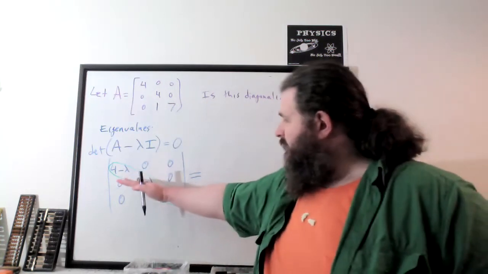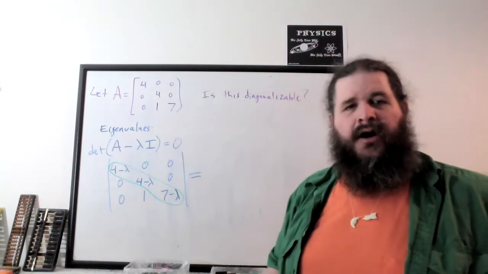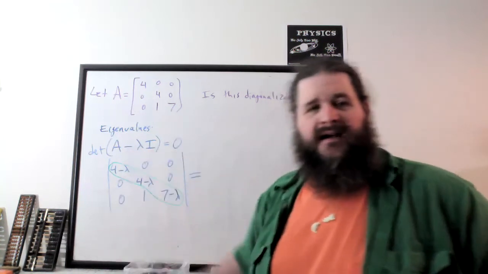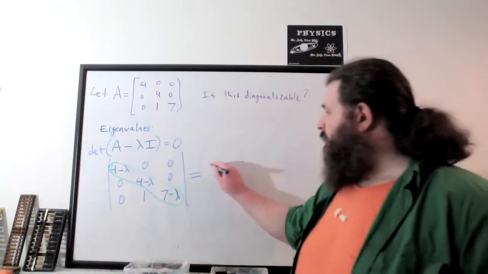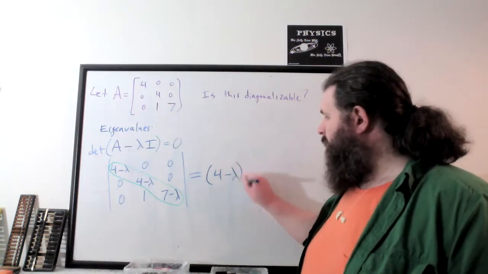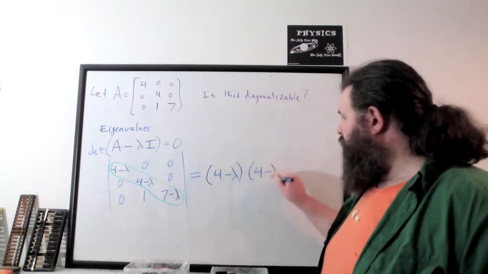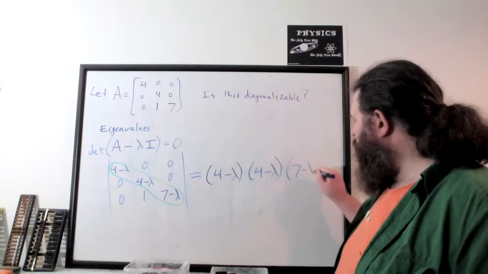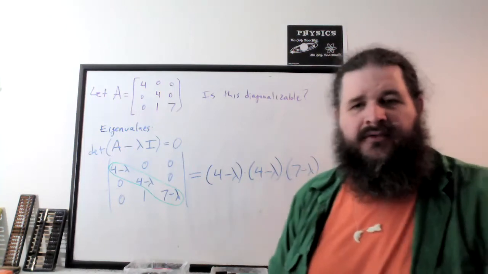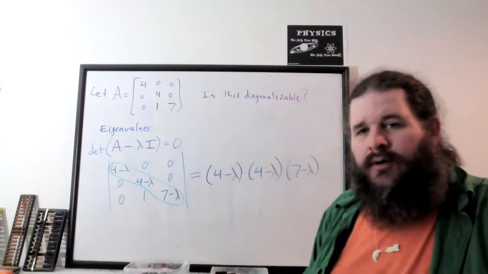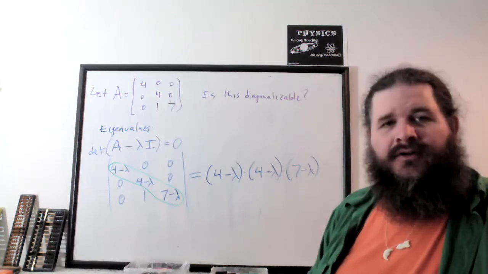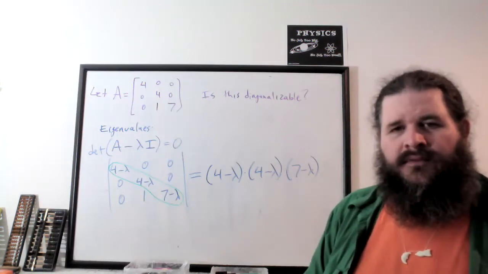If everything above the diagonal is 0, or everything below the diagonal is 0, then you can just multiply the numbers on the diagonal. So this is a very handy shortcut for finding the determinant of a matrix. Again, it only works if you've got upper triangular or lower triangular or diagonal.